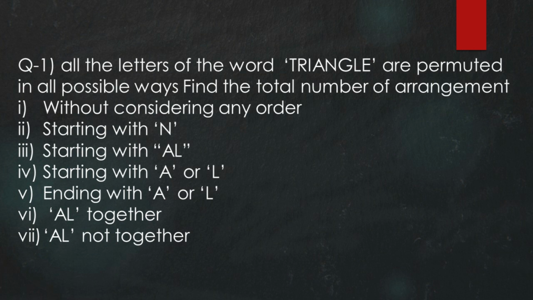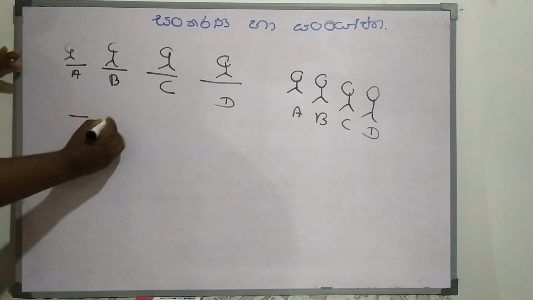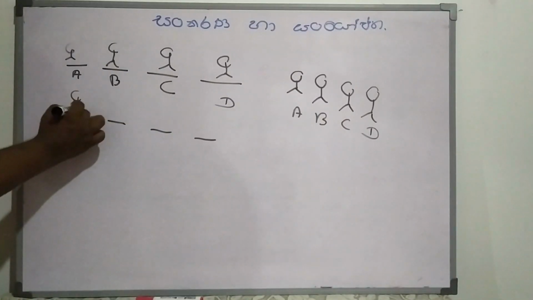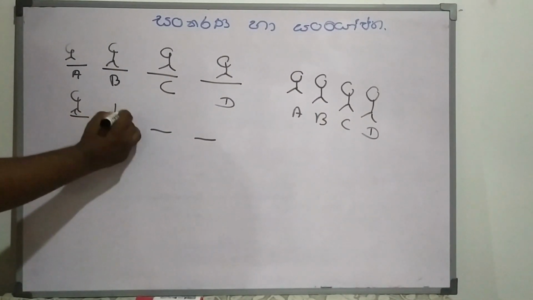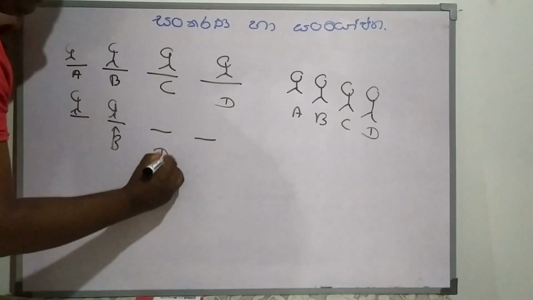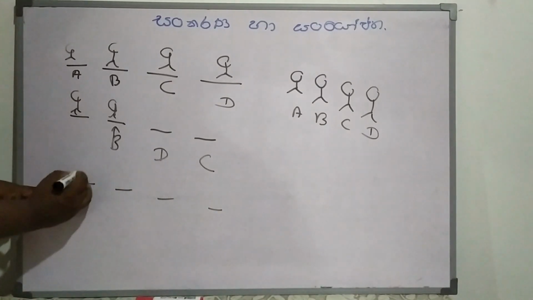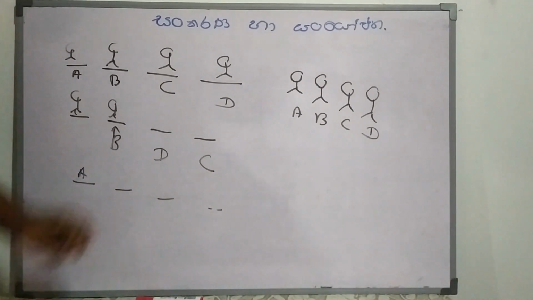Let's assume the first arrangement has A at the starting point and B, C, D in the normal way. Another arrangement has A at the front and B second, and I just swap C and D, so D and C. Likewise we can make so many different arrangements.